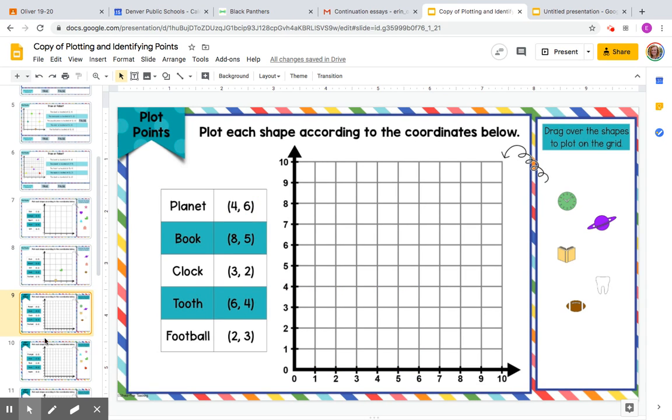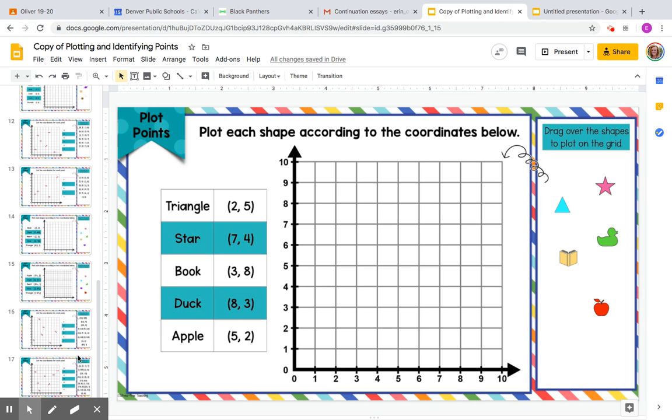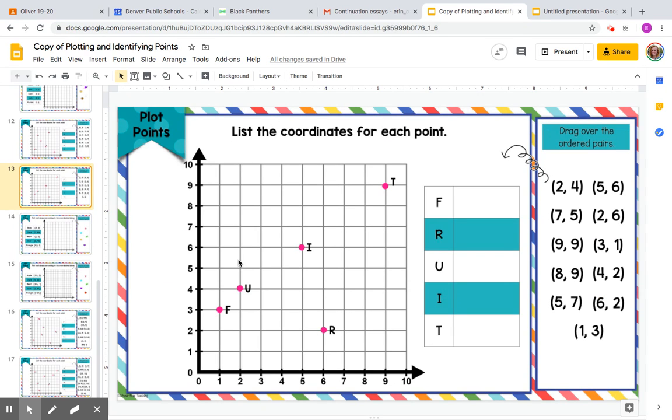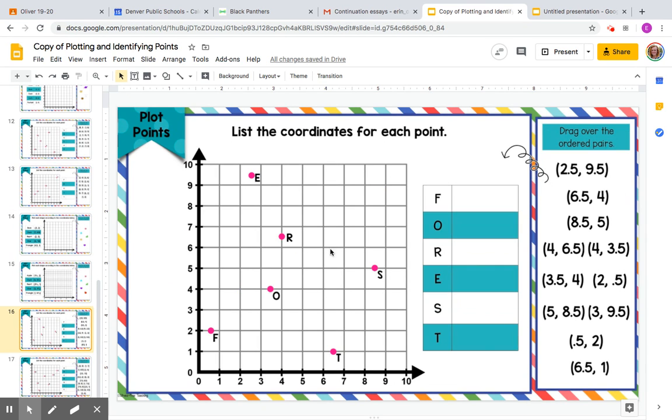The bigger these got, the more complicated they became, having to be very careful, especially later on when we had tick marks that weren't labeled. So things that were located on the half mark or the 5/10 mark.